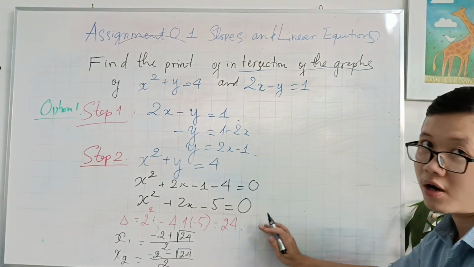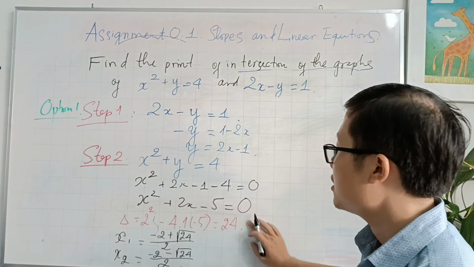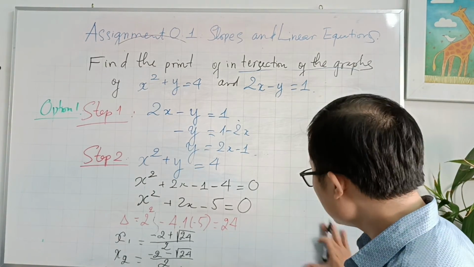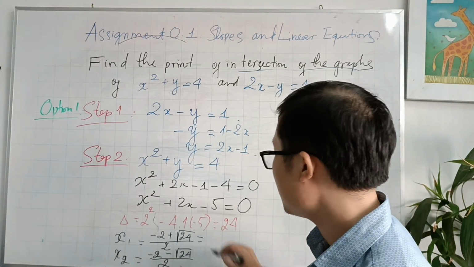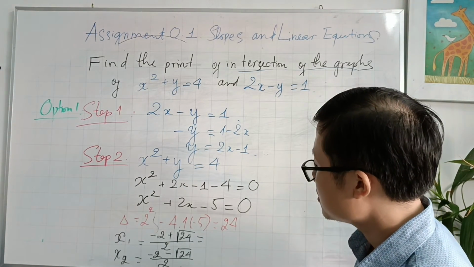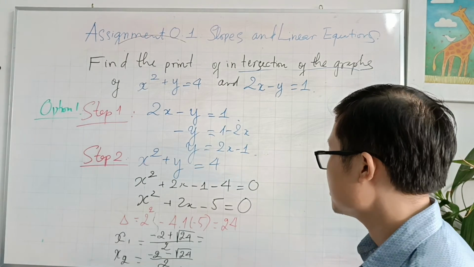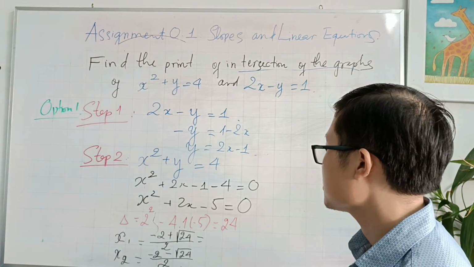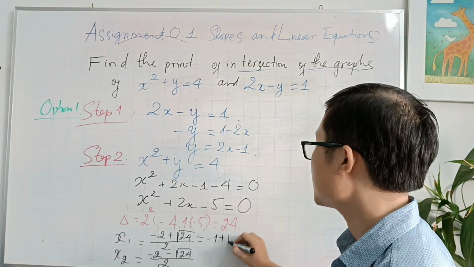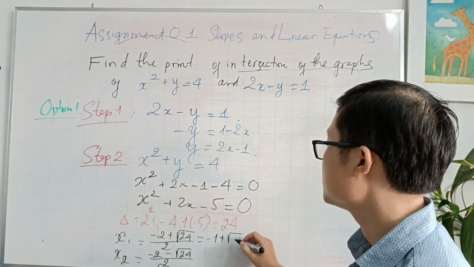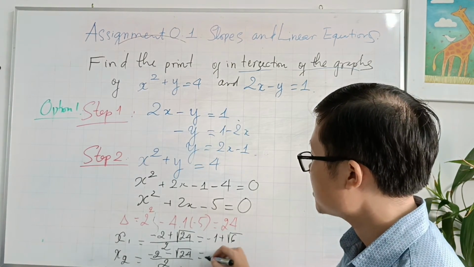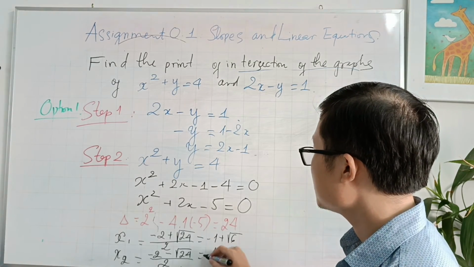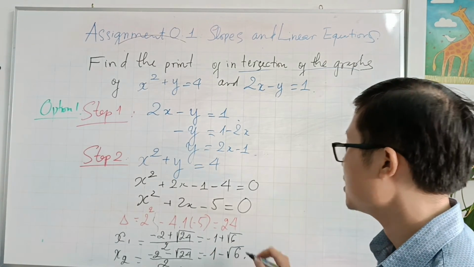This is the formula of the quadratic equation, which I think you already learned in secondary school. So I can simplify it. So we have negative 1 plus square root of 6, and negative 1 minus square root of 6.